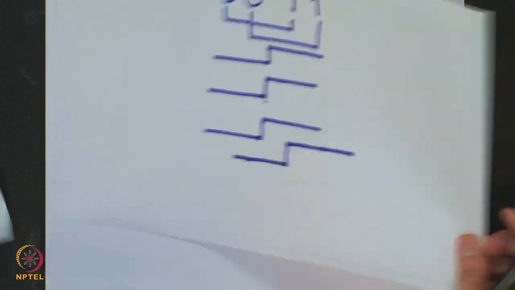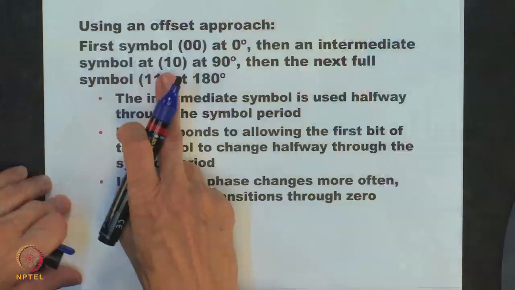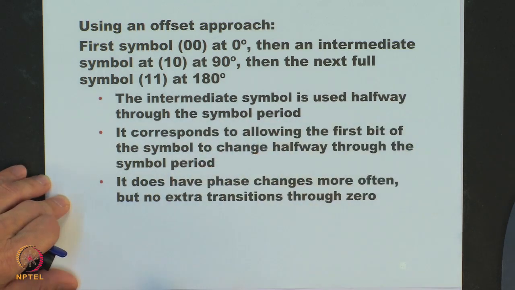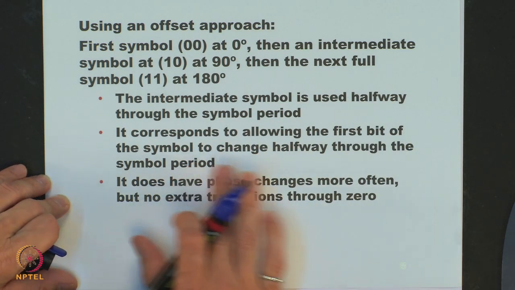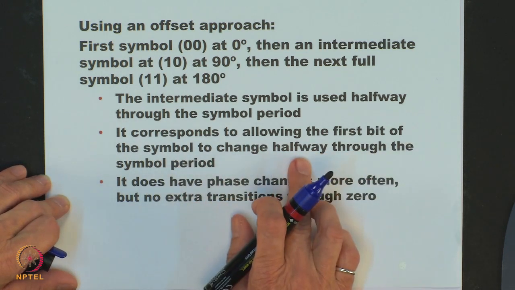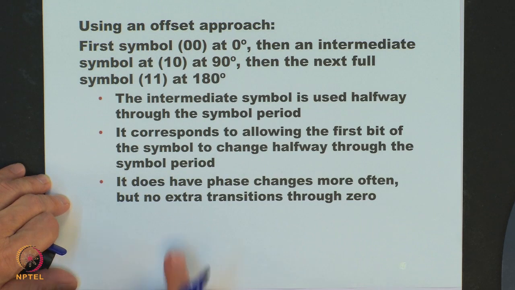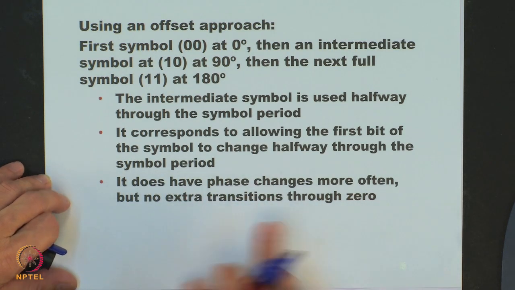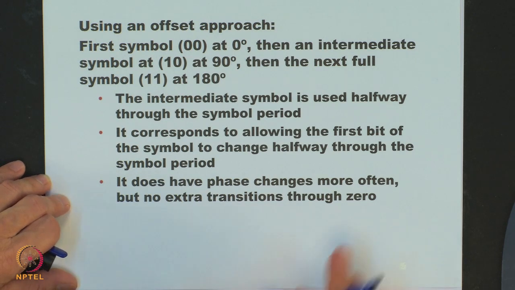So, using this approach, the intermediate symbol which is 1 0 is used halfway through the symbol period. So, this corresponds to allowing the first bit of the symbol to change halfway through the symbol period. So, it does have phase changes more often, but no extra transitions through 0, right.